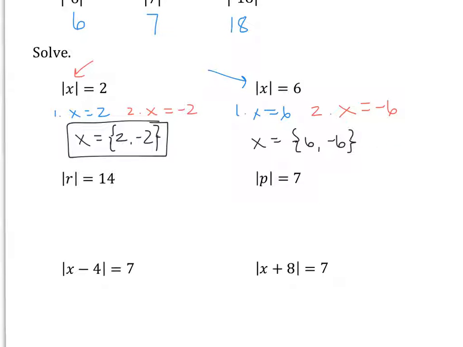Okay, so let's keep looking at examples. So the absolute value here of r equals 14. So my first case is, I'll just keep my color coding going, r equals 14, and then my second case would be r equals -14. So for my answers, r equals 14 and -14.